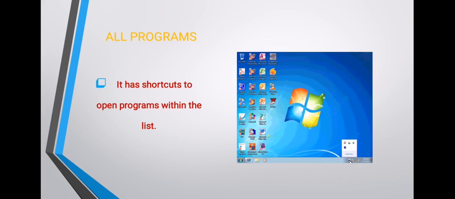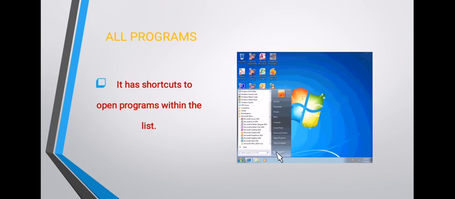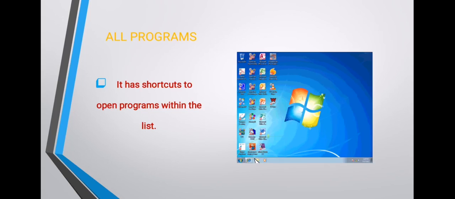No need to go inside and search, or do too many steps. Just select it from all programs. That's the function of all programs. Are you able to understand, children? Once again I repeat, all programs has shortcuts to open programs within the list.